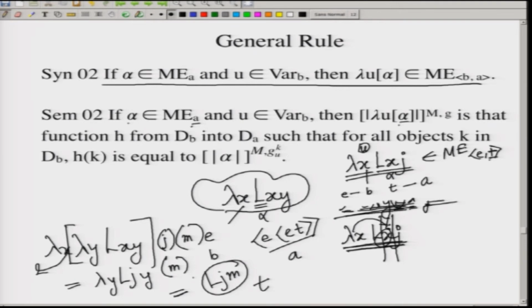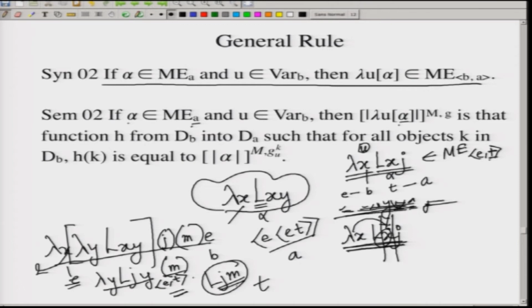So now if you want to define this, what is its type? As we have seen, when the variable belongs to the type E, and the thing that comes out here, what is the type of this? Once again, this is e to t, because it takes an e and yields a t.